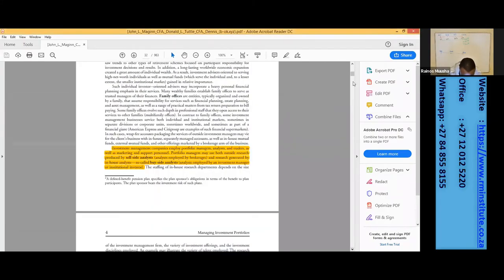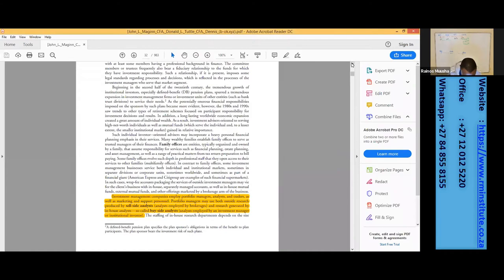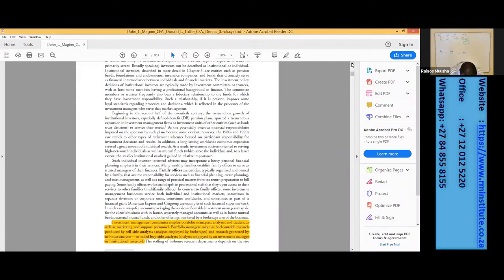Then if you check at the bottom of page 3, on the last paragraph, they say investment management companies employ portfolio managers, analysts, traders, as well as marketing and support personnel.